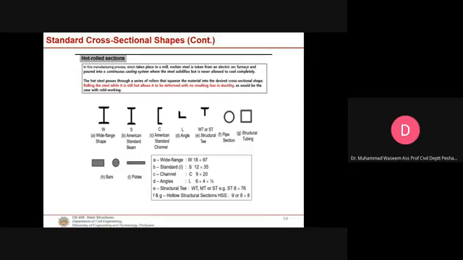You have some predefined geometrical shapes, and you pour the molten steel into these shapes, and you don't allow it to cool completely.